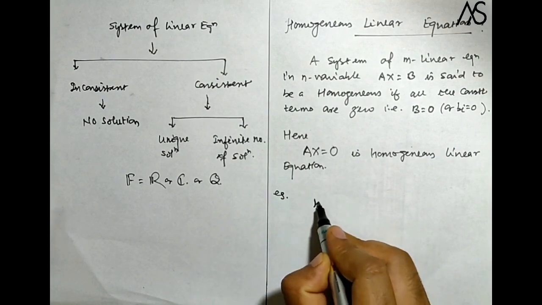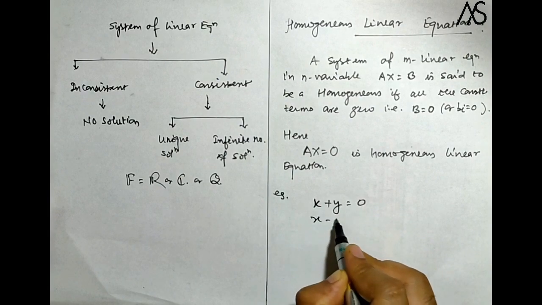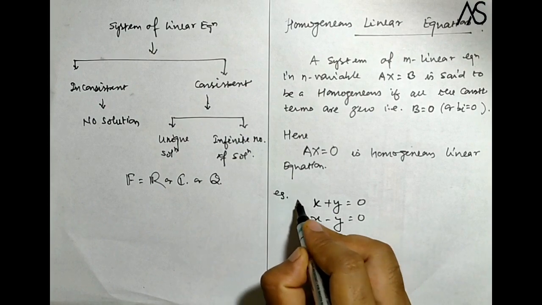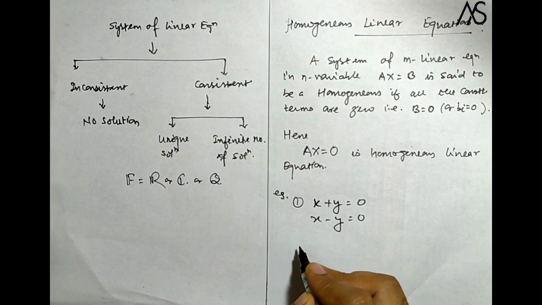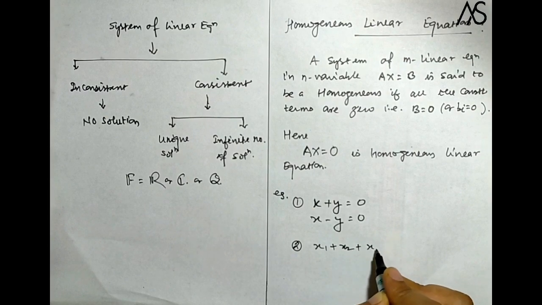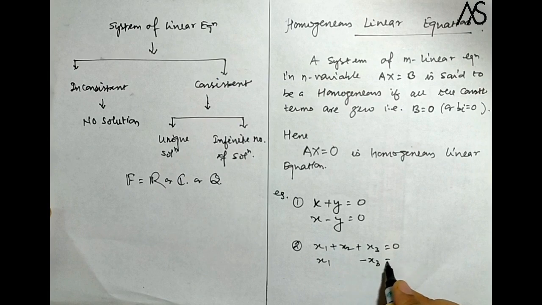For example, x plus y equals to 0, x minus y equals to 0. This is a homogeneous linear equation. We can easily find its solution. Again, number 2, x1 plus x2 plus x3 equals to 0, x1 minus x3 equals to 0, is again a homogeneous linear equation.